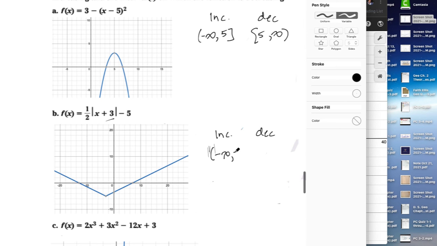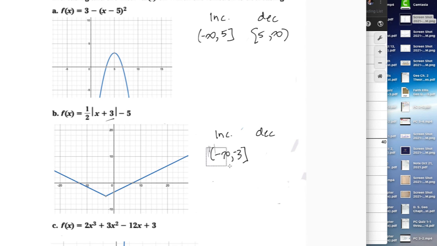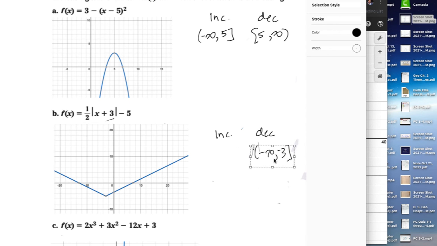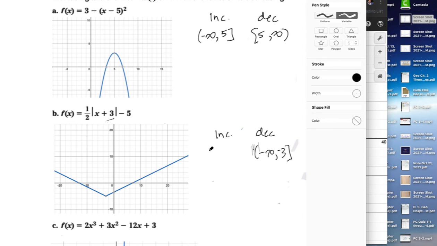So all the way up to negative 3, we have a decreasing function actually. Let me grab that and move it over. So this is decreasing on this interval, but it's increasing from negative 3 on, in the interval this way. Negative 3 on to positive infinity, increasing.